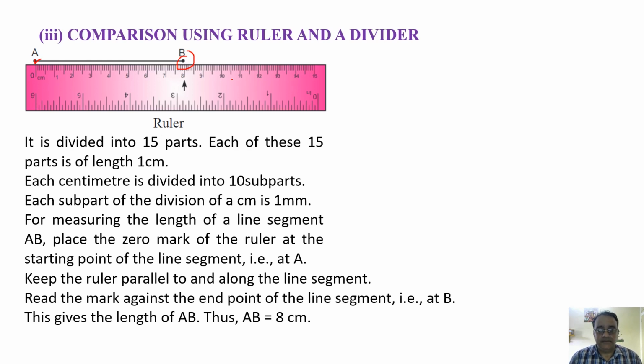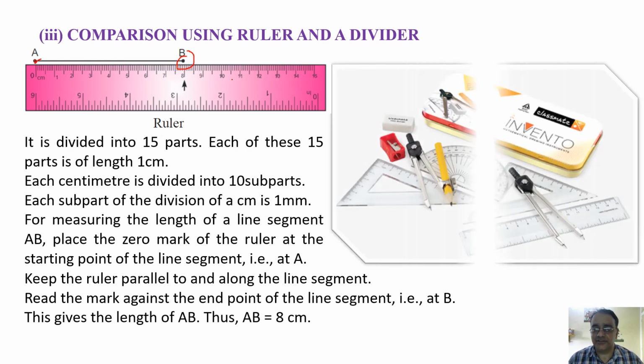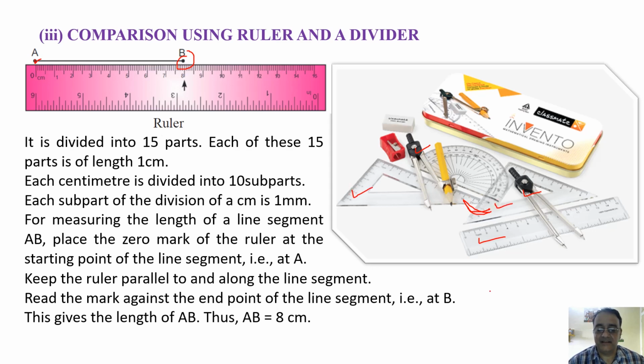All of you have your geometrical box. In the geometrical box there are many geometrical instruments. See this one. This is a pair of compasses, used to draw circular figures, and this is a divider. This we are using now, and this is a ruler, and these two are set squares.